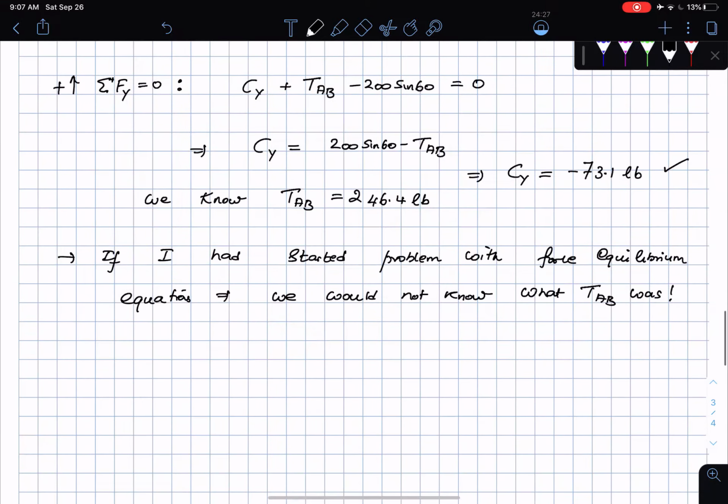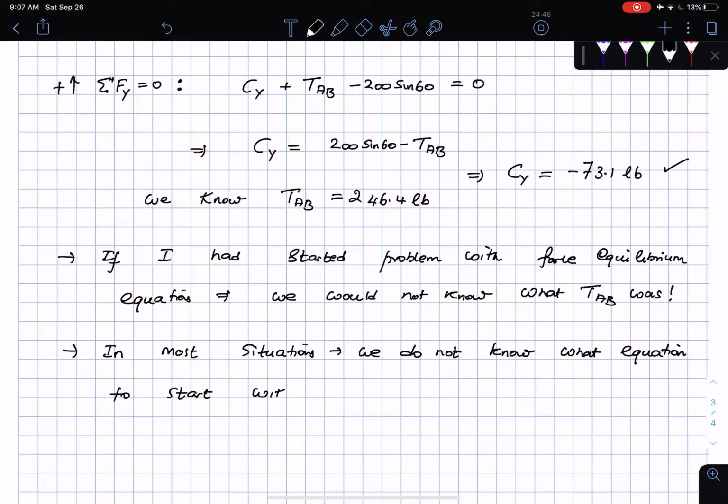In most situations, we do not know what equation to start with, that is force equilibrium or moment equilibrium.